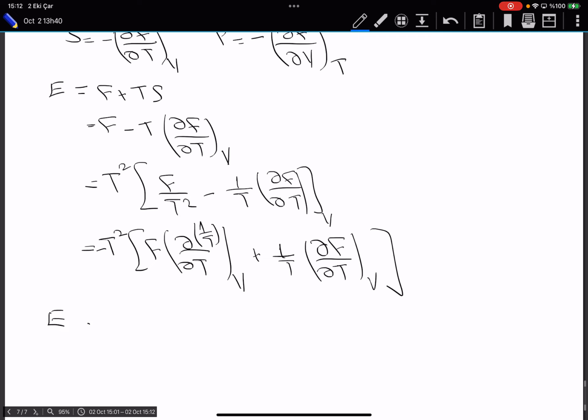So if you know the free energy, then the total internal energy is temperature squared times the derivative with respect to temperature of free energy divided by T at constant volume, etc. So you can just derive whatever you are interested in. Once you know the expression of the free energy, you can derive all the other thermodynamic quantities.